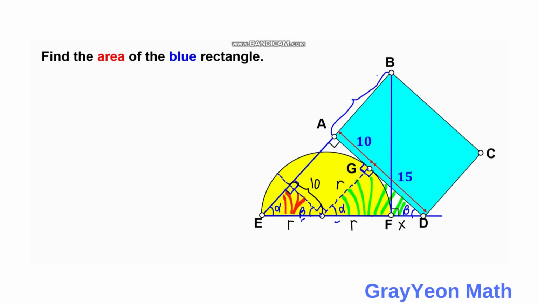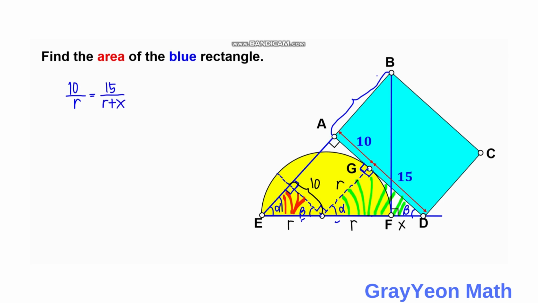So for the red triangle, if we focus on beta, let's say we have the adjacent as 10. So adjacent 10 over R is equal to, for the green, 15 over R plus X.